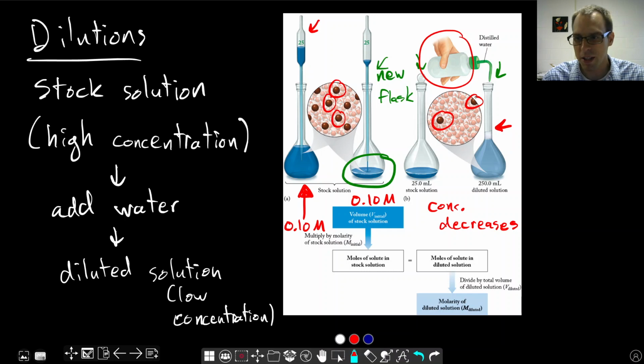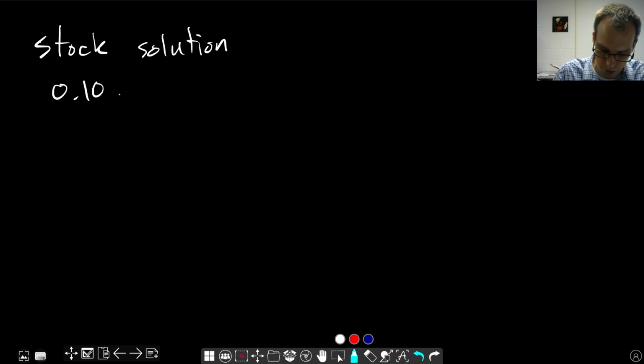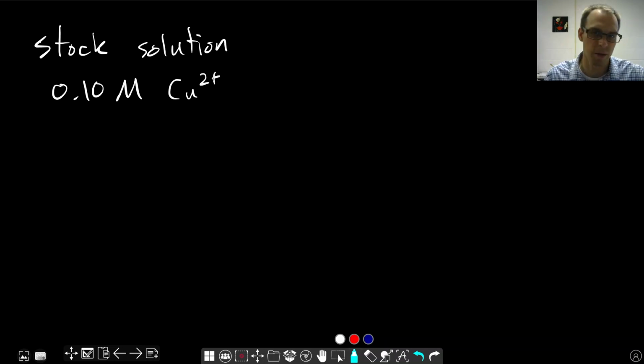Let's go into how we actually calculate this. And that's sort of depicted in the bottom part of this figure, but I'm going to slide down and just do it myself below. If we think about our stock solution, so let's use a specific example here. Let's use that 0.1 molar that I had earlier. Maybe in this case of copper ions, copper 2 specifically here.